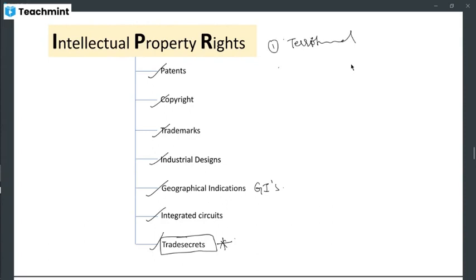The second thing is that there will be a certain period or term given to a particular right. It is not like it can be throughout the lifetime, right? So there is a certain period or term to a particular IPR. We will see everything in detail.